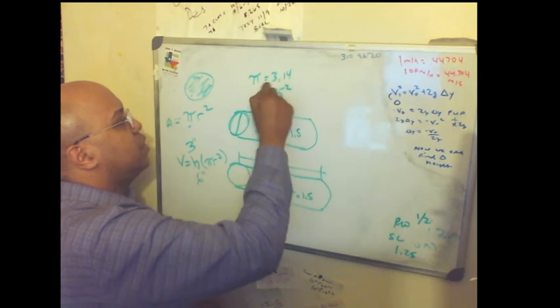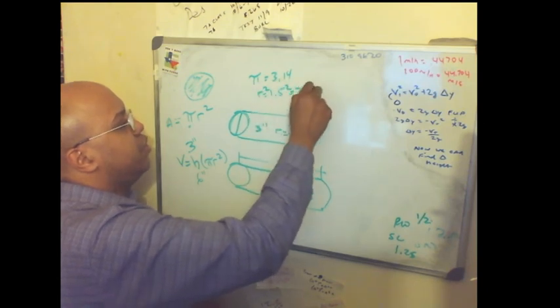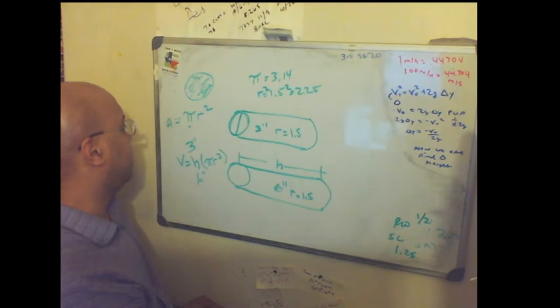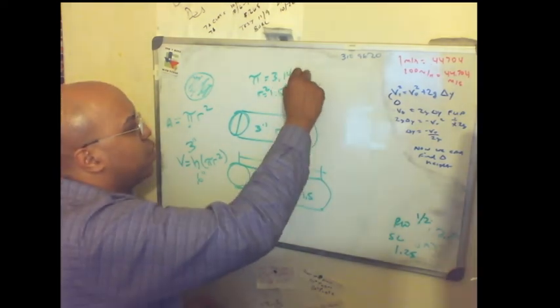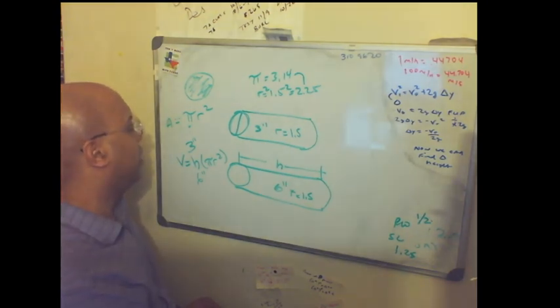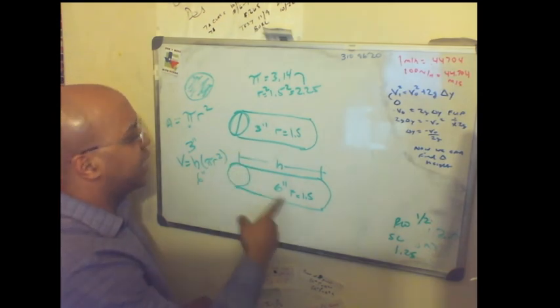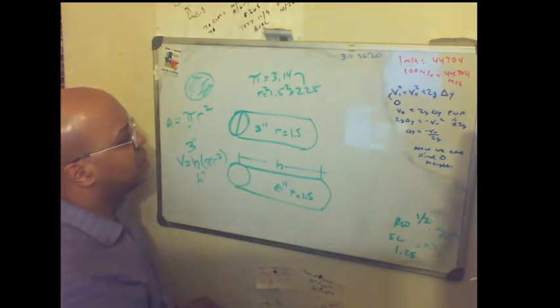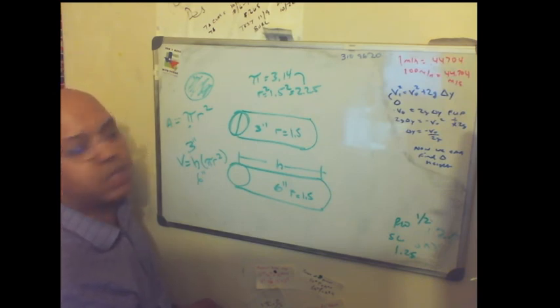All right, r squared is 2.25. So in this case, the pi r squared is going to be the same. It's going to be 3.14 times 2.25. And then when we get those numbers, we multiply by 3 in this case and 6 in that case. So, help me out, guys. Somebody calculate 3.14 times 2.25.